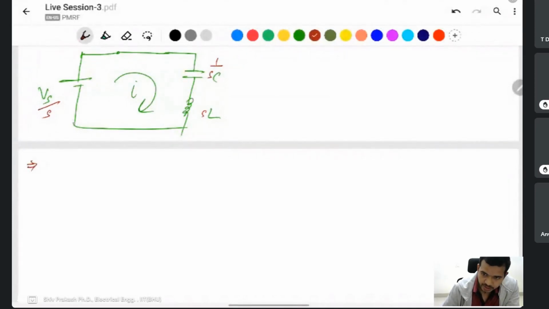Apply KVL in the circuit and find minus Vs by s plus Is into 1 by sC, sorry, plus sL, equal to 0.